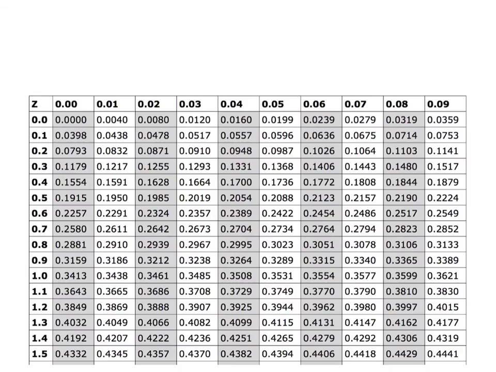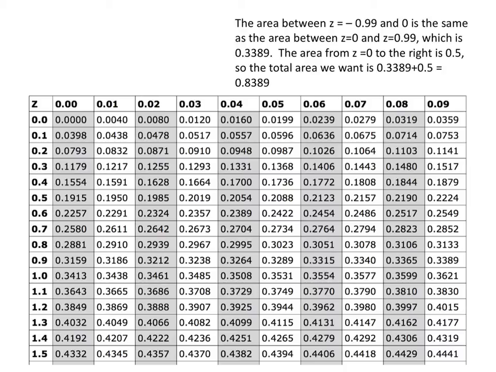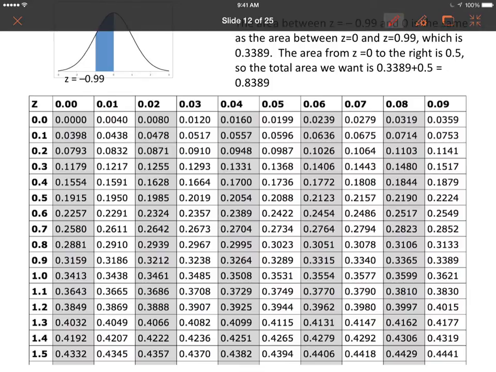I'm going to look in the left column for 0.9, and I'm going to look across the top for 0.09, and where they meet is here at 0.3389. Okay, so the area from negative 0.99 to 0 is going to be 0.3389.